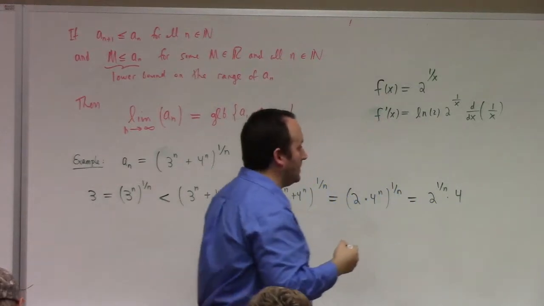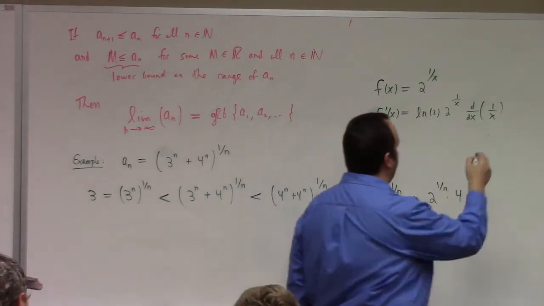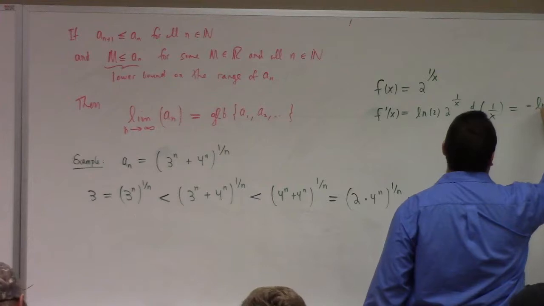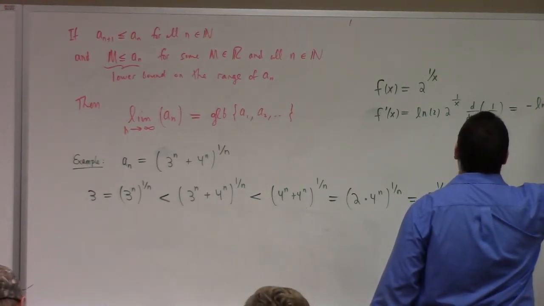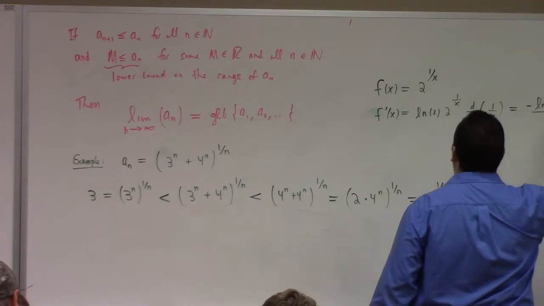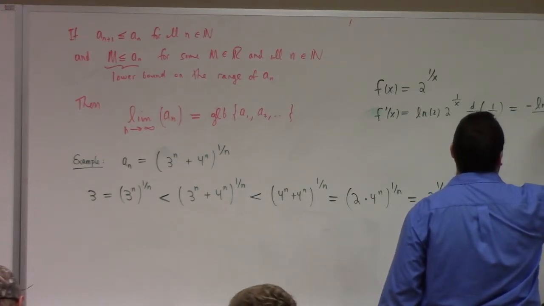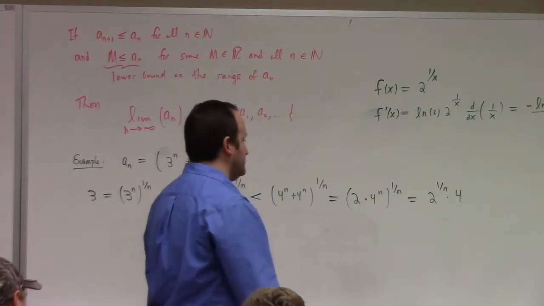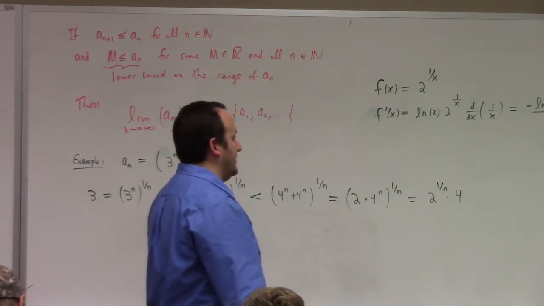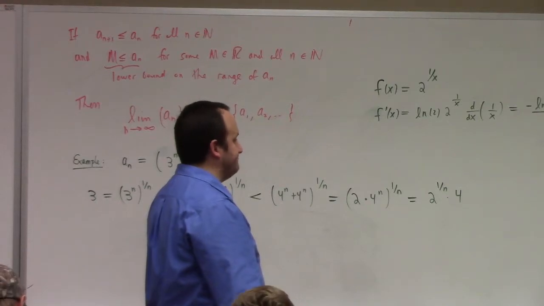Chain rule. And so that's minus log 2 times 2 to the 1 over x over x squared. So what does that say about 2 to the 1 over x?